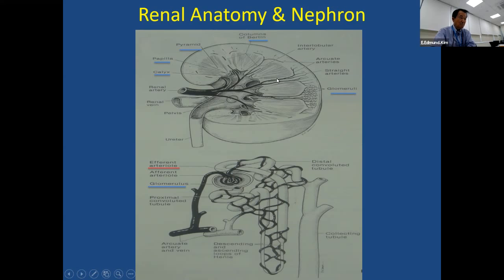Then we call this the pyramid, and here is a papilla, and then you have a calyceal system, and this is the draining side, the pelvis drain. The renal artery branches to the arcuate, and the renal vein comes out here.